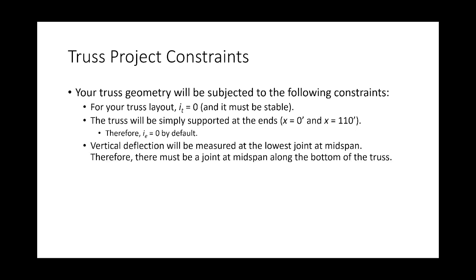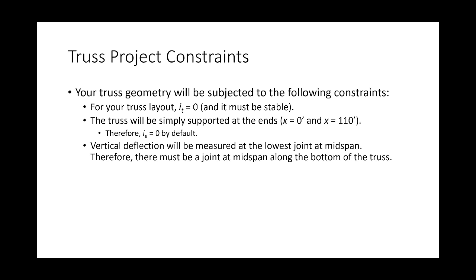Third, vertical deflection will be measured at the lowest joint at midspan. So however you lay out your truss, you need to have a joint at midspan at the bottom of the truss, okay? You can't lay out your truss to where, I don't know, like, I'll do a really, really short truss, but you can't do this.